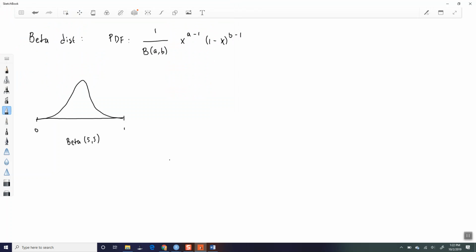Our prior distribution right now is beta(81, 219), which is equal to some beta function, and then x to the 81 minus 1 times 1 minus x to the 219 minus 1.